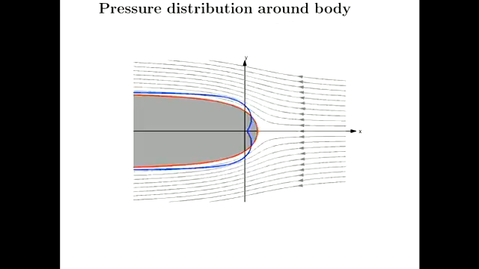So the distribution of pressure coefficient around that body looks like this blue line that I've sketched over the half-Rankine body.